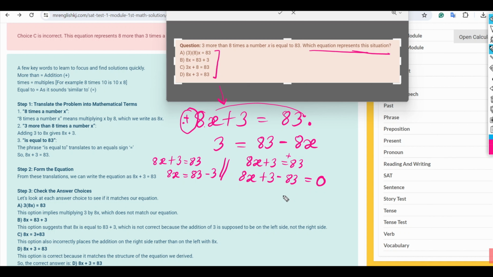We can do one more thing when there is a common value. Meaning, if it was given like this, 8x plus 3x equals 83. So what is common here? X is common here. So we can take x as common, and inside we can make it like this. If we open it, remember there is nothing.